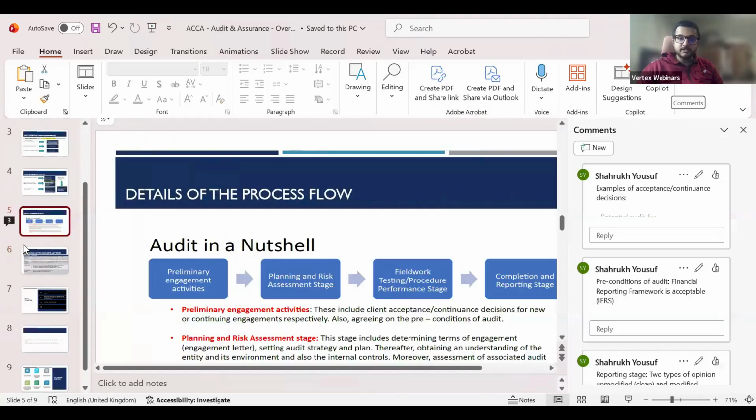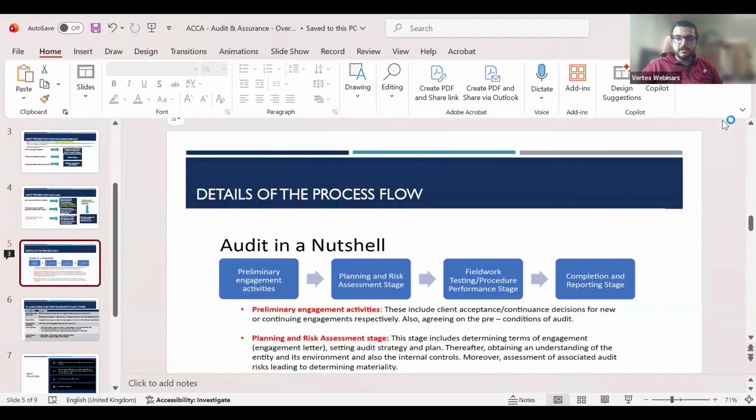So this presentation aligns with your syllabus design, so that when you're doing your studies, you're able to link everything properly with this presentation. The process flow and the wordings align with your syllabus design, course outline.